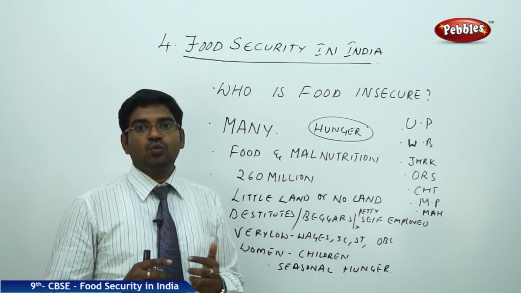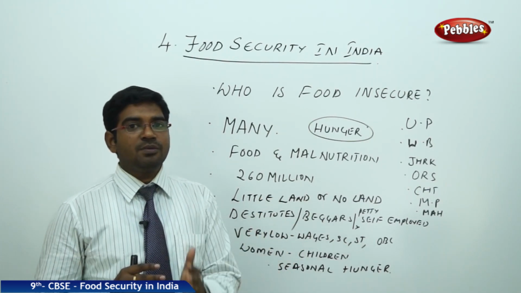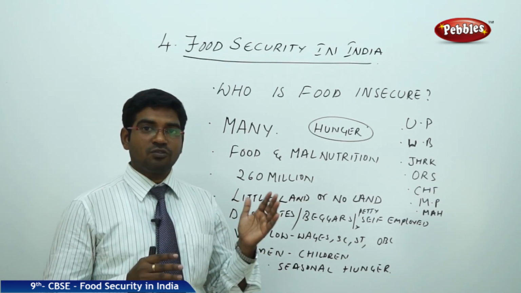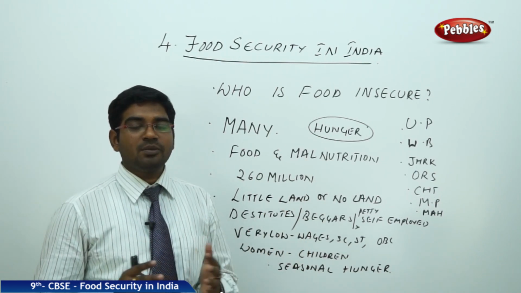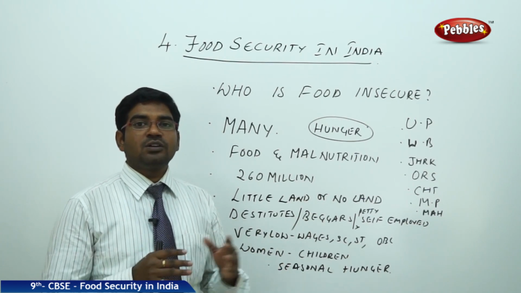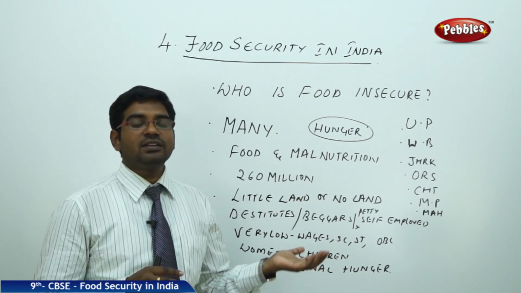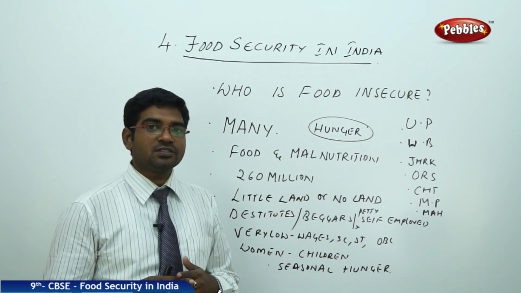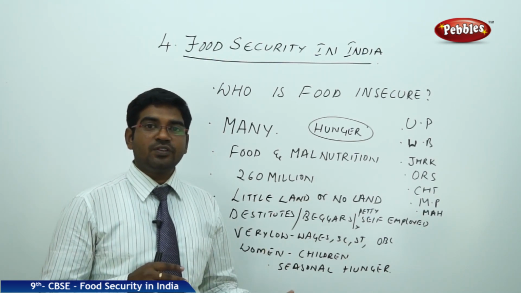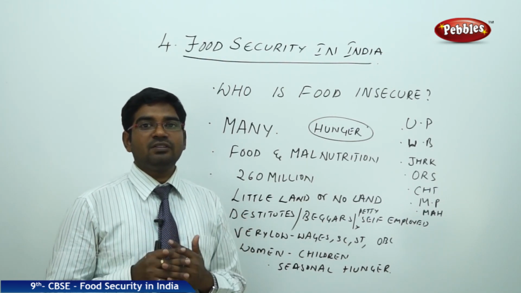So when they are doing these two works, if the output is not up to the expected level, maybe due to lack of rains or not having a sufficient water supply for the field, whatever it may be, then they are bound to go again to the money lender and pay whatever they have, and in return he charges more interest and also puts certain conditions that they have to work in his own field at very low wages. Situations like this are plenty in our country.